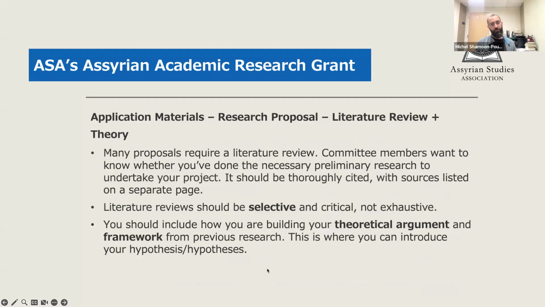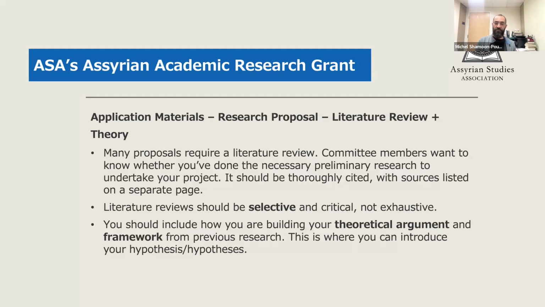So the second part of the research proposal, as I briefly mentioned a minute ago, is literature review and theory. Again, as far as I know, I think Alexandra and Marian would agree, this is also always required from pretty much any kind of grant application anywhere, right? You are supposed to demonstrate your background knowledge relevant to this study.